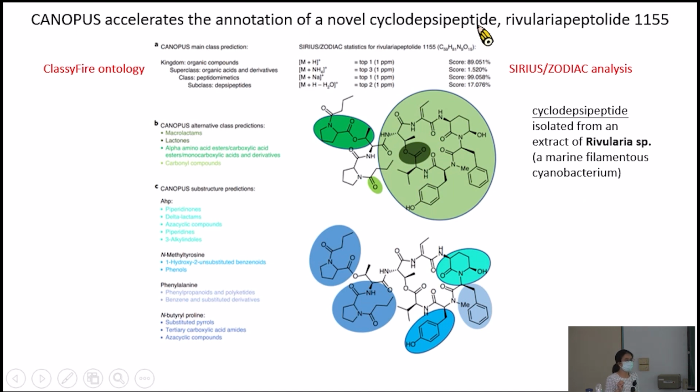So what they did is they add more tools about the NMR and dissect this compound. And they found a new compound named as the cyclodepsipeptide. Okay, so this is one example that the author mentioned that we can use this tool to identify the new component, new structure from our metabolite mixture.